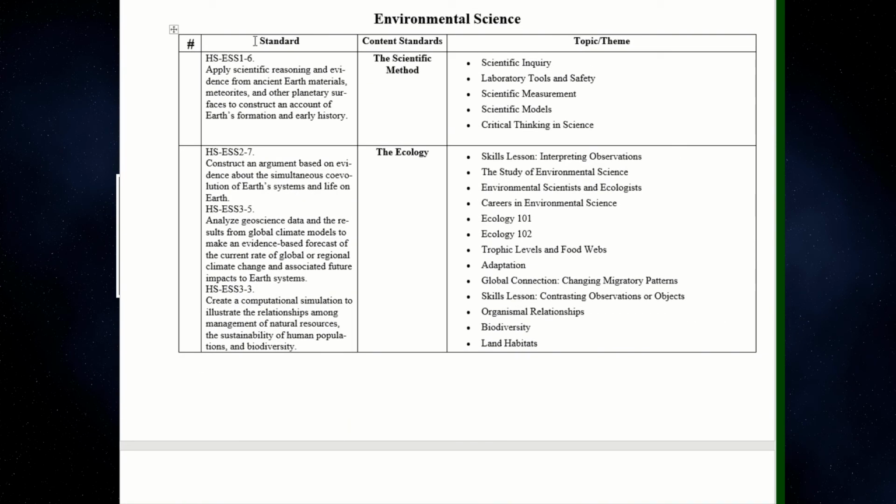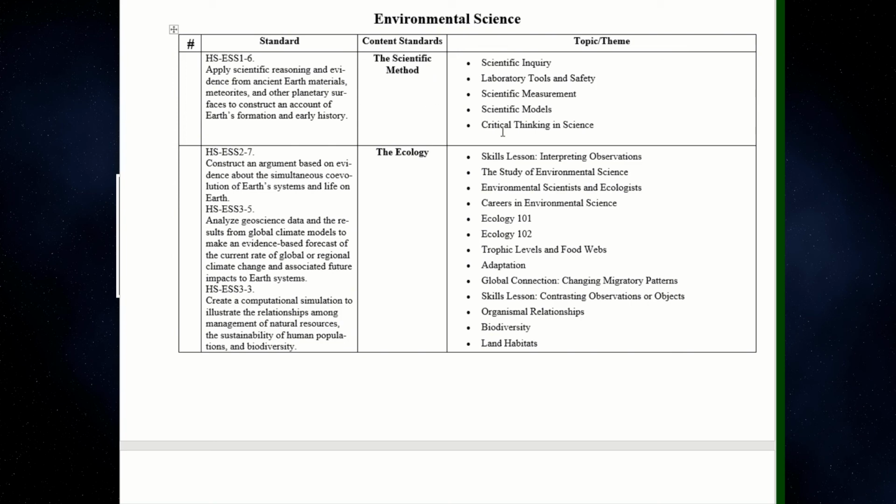Again, I'll repeat. First, pick the standard, and choose the content table from the book you are following. Choose the themes according to the standard. Read carefully and pick the themes and topics mentioned in the book under, for example, scientific method, and relate these themes with the standard.